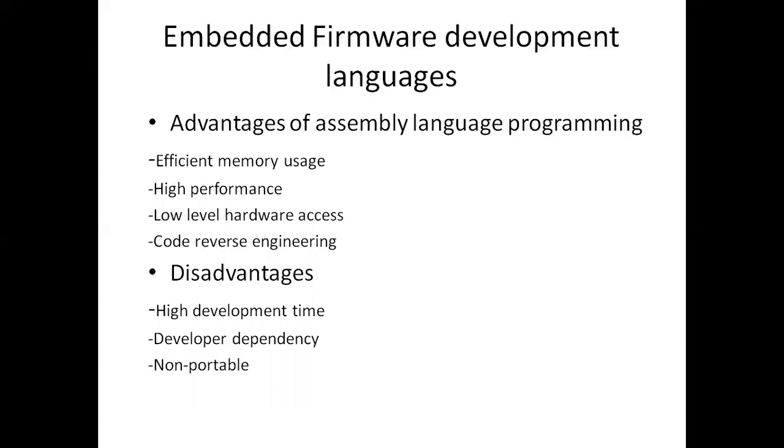The total performance of the system gets improved, that's why high performance is achieved. It provides low-level hardware access. This assembly coding facilitates code reverse engineering. That means using a disassembler, assembly code can be obtained for the target machine. We can reverse back and get the assembly code.